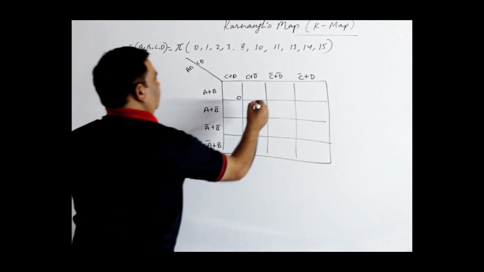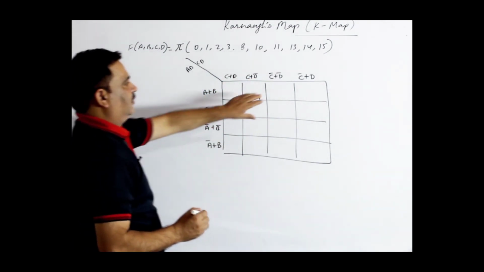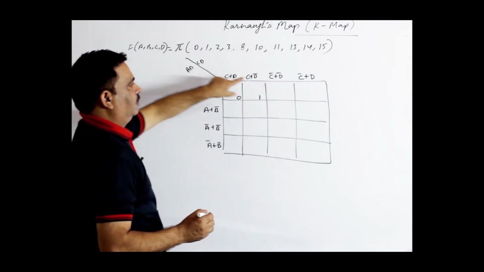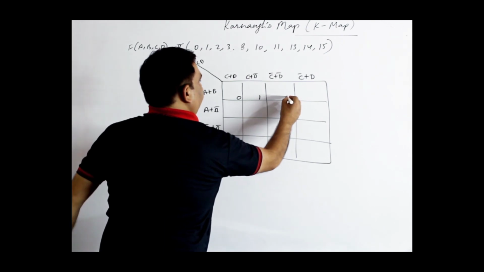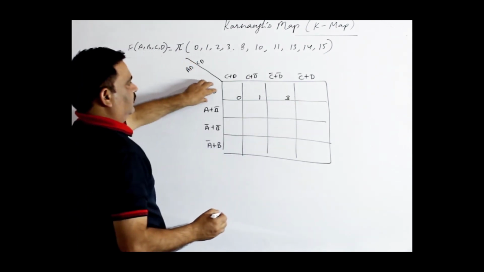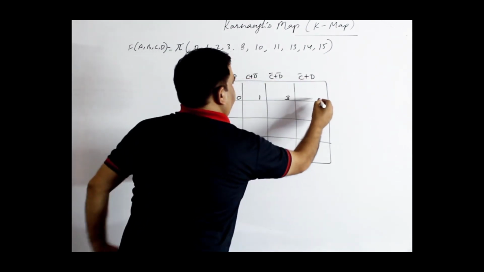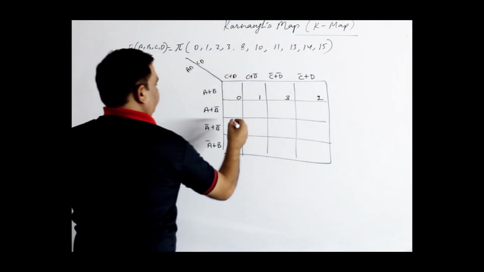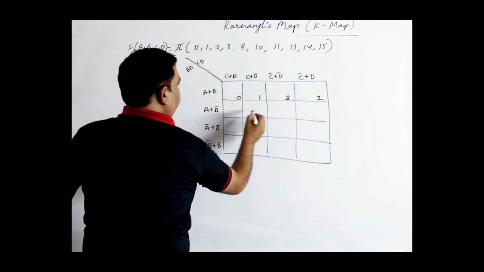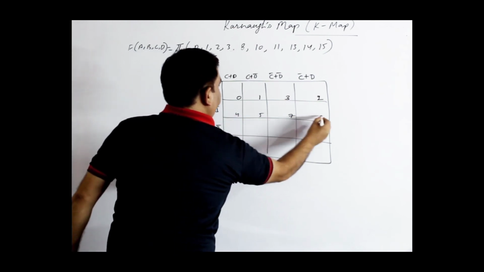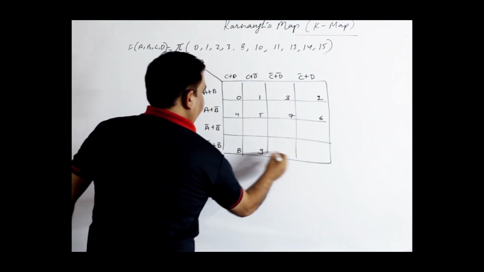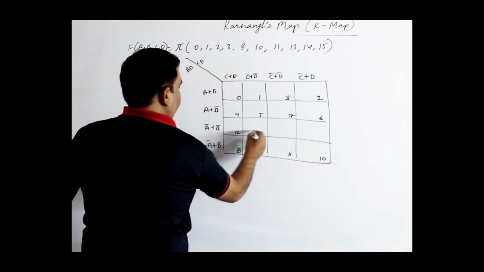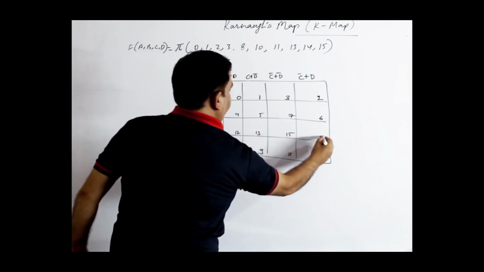So, 0001, that is 1. Now, for this column intersection, on the left side A, B both are 0, but both are 1 here: 1 1 is 3. And 1 0 is 2. So, the designation will remain the same: 0 1 3 2, 4 5 7 6, 12 13 15 14, 8 9 11 10.